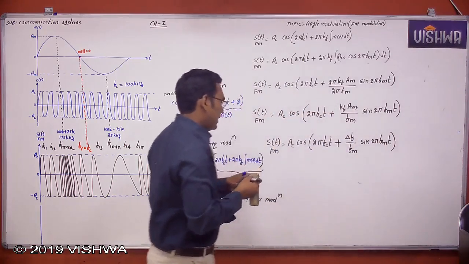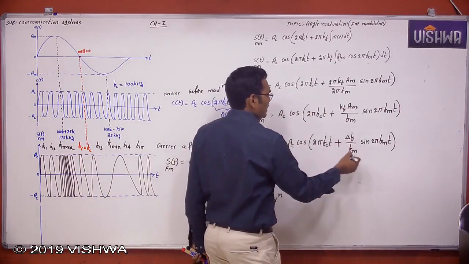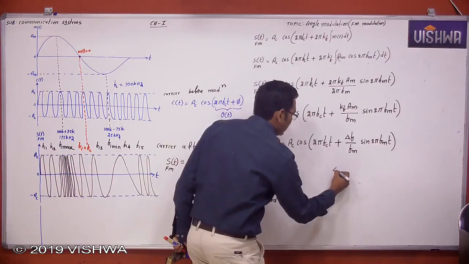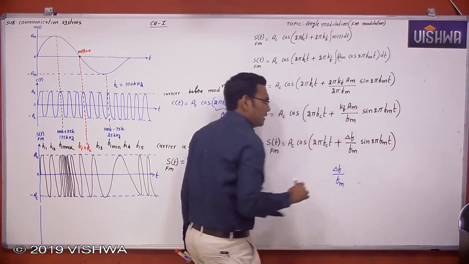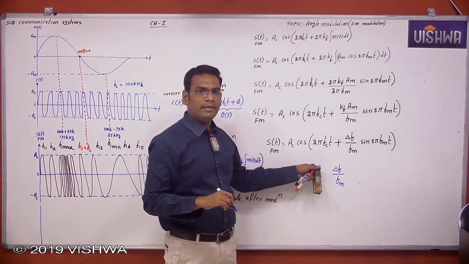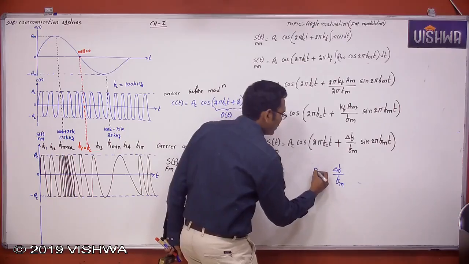Now delta f by fm, the ratio of frequency deviation to the message signal frequency, is called the modulation index beta.